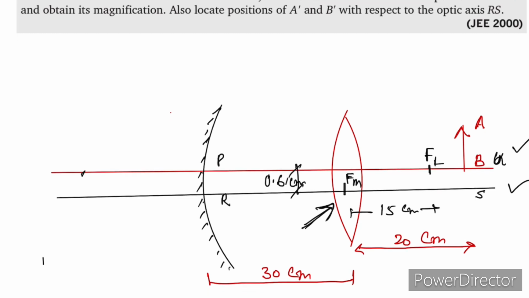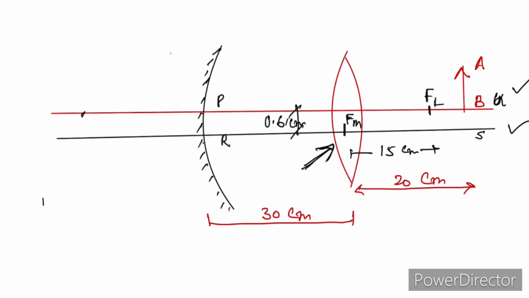So as we have seen in such type of questions, the main formula is 1 by f is equal to 1 by v minus 1 by u. With this formula, we can find out the distance of the image formed by the lens.